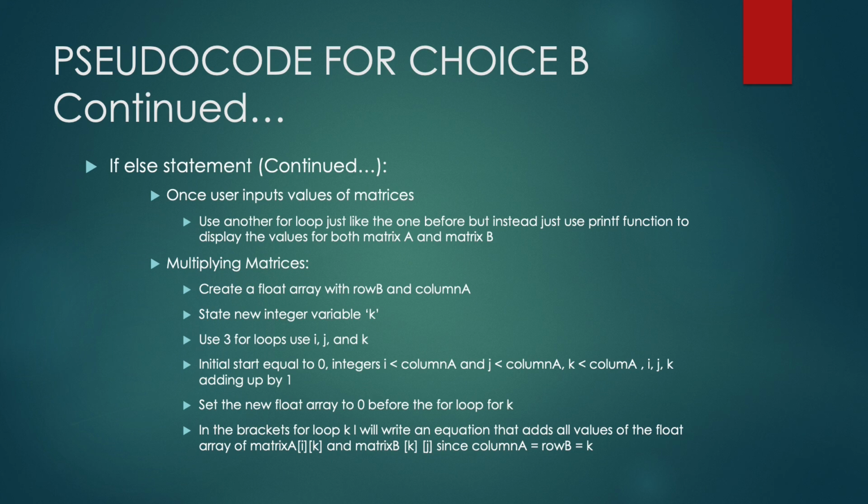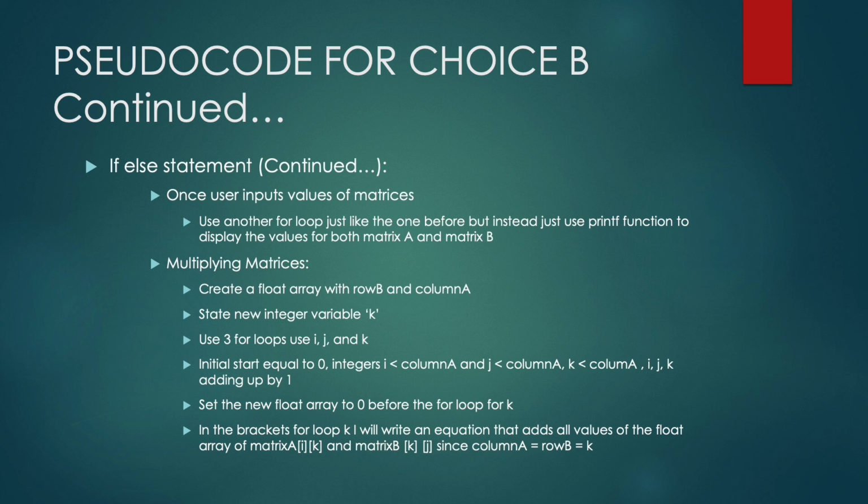We have to state a new variable K, which will be an integer, and we will create 3 for loops for I, J, and K. I will be the outermost, J will be inside for loop I, and K will be inside for loop J. All of them will begin at 0, they will all be less than column A in each condition, and they will all be incremented by 1.